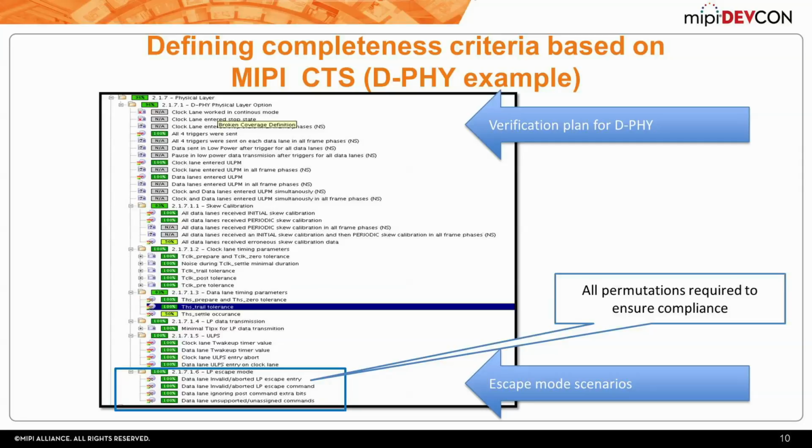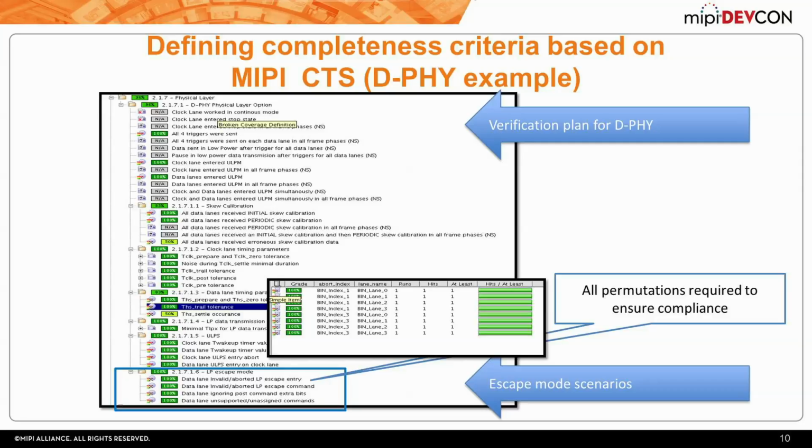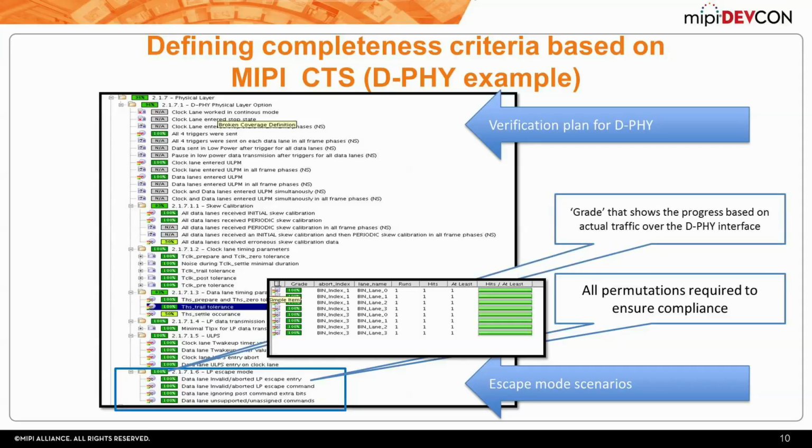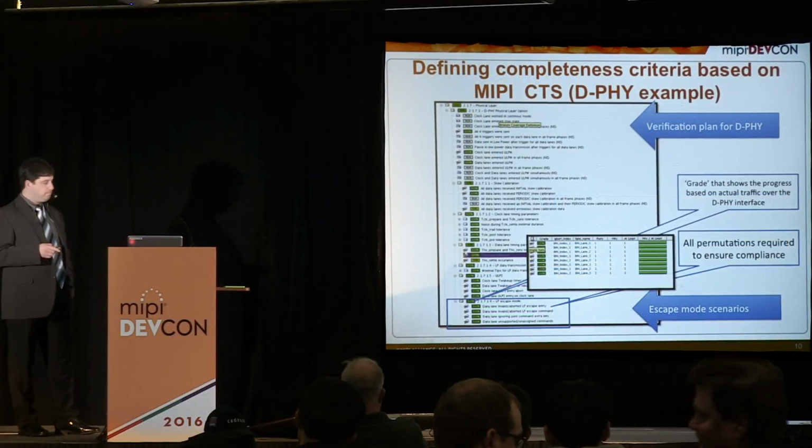So in the CTS, we usually define 1 or 2 scenarios, but for verification, we usually require that all scenarios will be tested. And then we grade them, we give them a score for each of the scenarios that happen, and we collect all the grades to know how much we covered already.